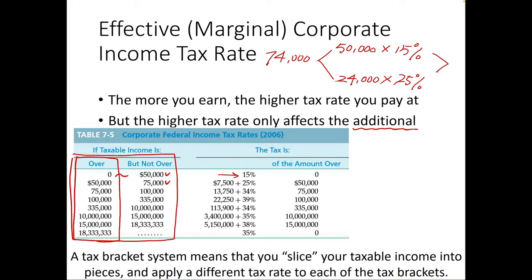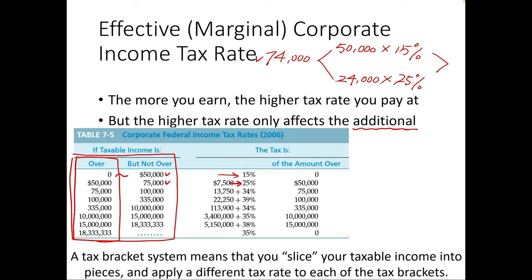And whatever is left of your gross income, remember that you earn more than 50,000 but the number is lower than 75,000, so there might be some left over when you take out the 50,000 for the first bracket. What is left needs to be multiplied by the 25% rate. And that is the second part of your tax. Then you have the first part plus the second part, which is your total income tax. Okay, so let's check this example.